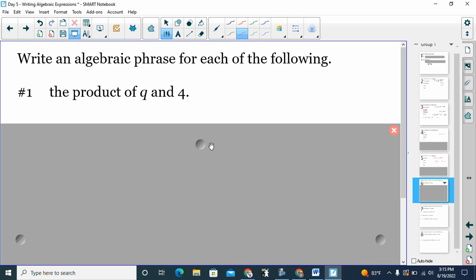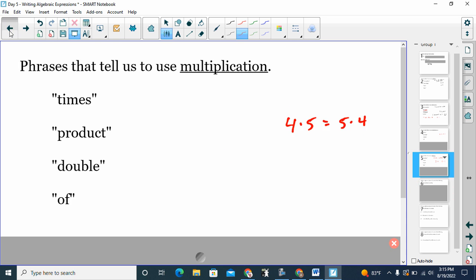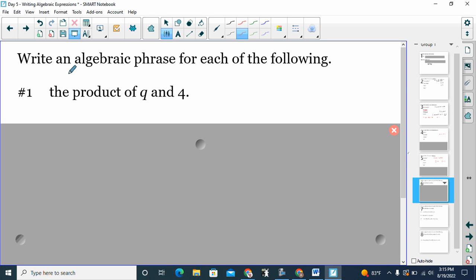Number 1 says the product of Q and 4. So product, if you see the word product, means that I need to multiply. So I need to multiply Q and 4. We said that multiplication, it doesn't matter which order we do it in.